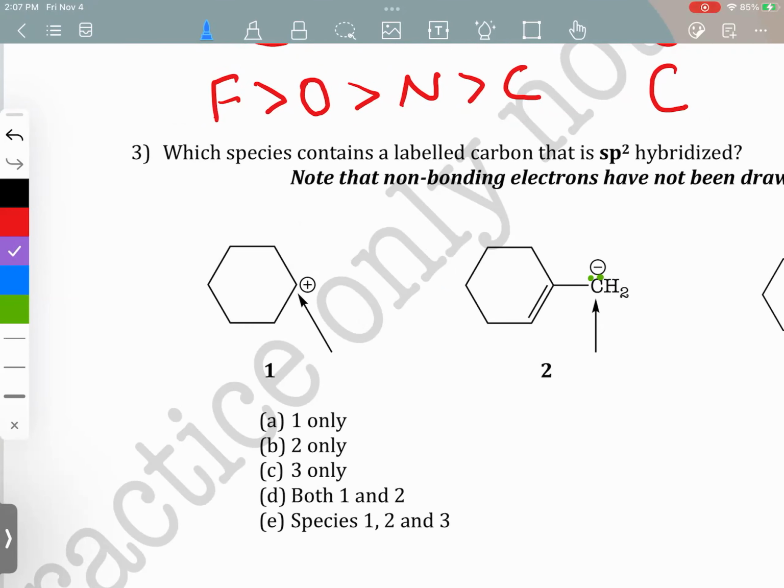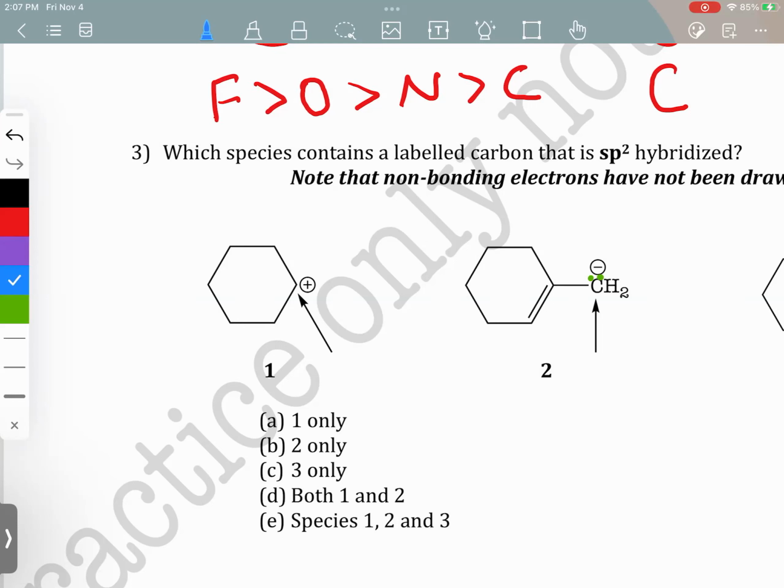Could you ask it again? Sorry. Positively charged carbon on molecule 1. So what does that positive charge mean for that carbon? It means that it's missing electron pairs. So taking that into effect, you have that info. How many electron environments are around this carbon?